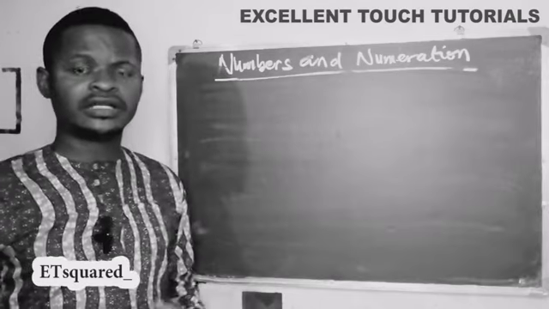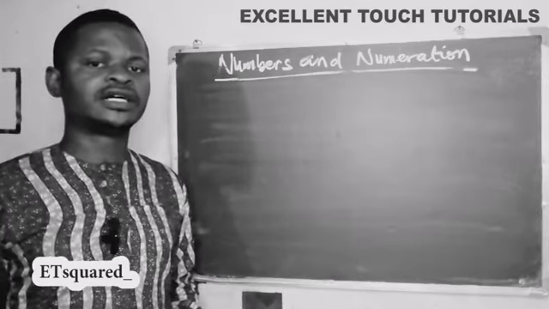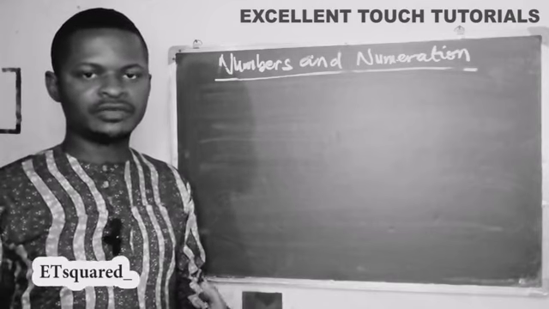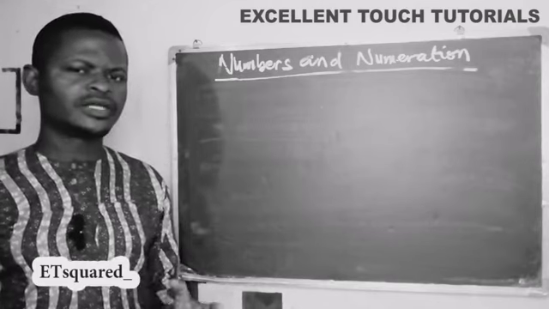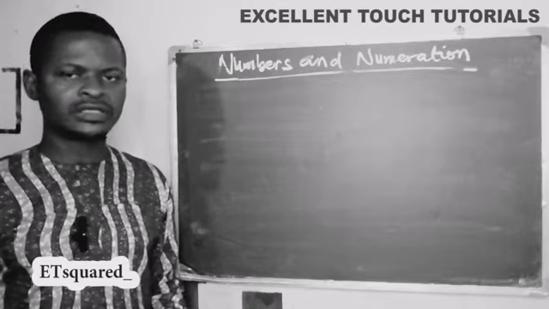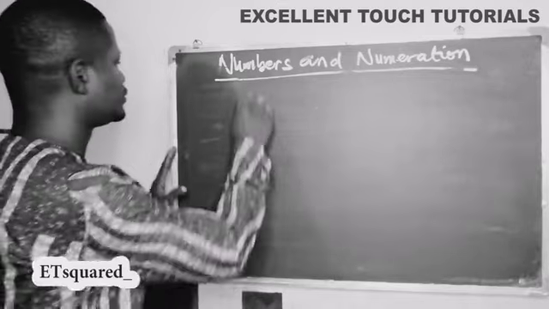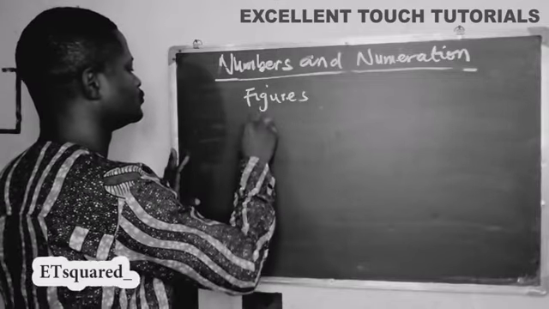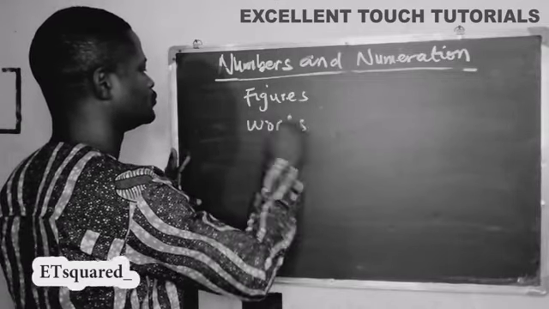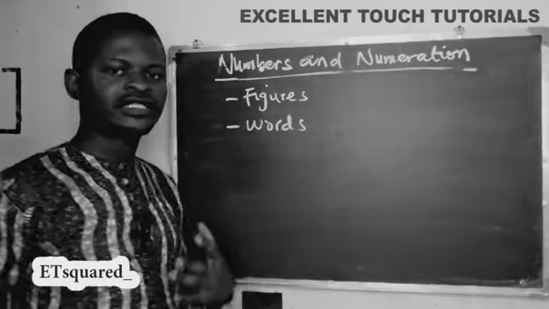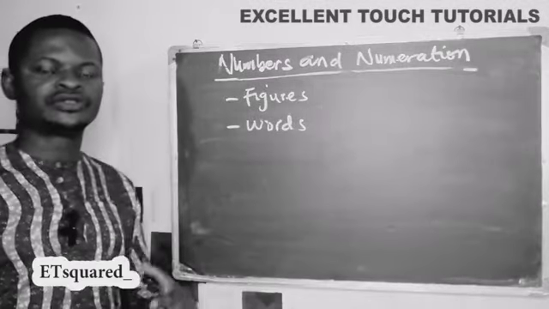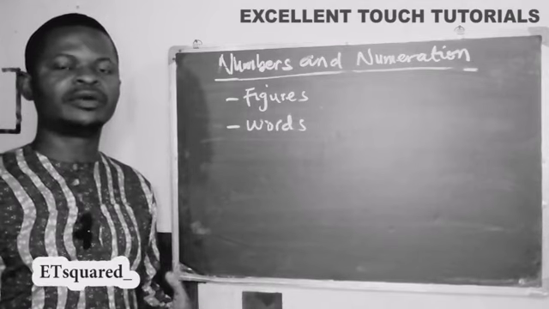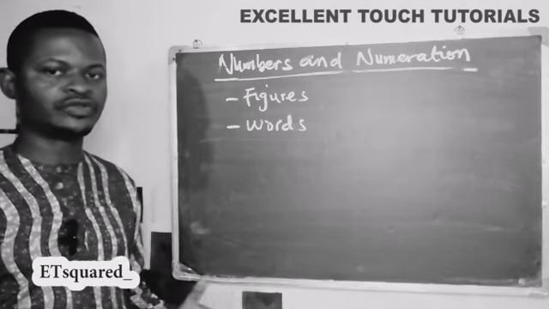Now, essentially, I think I'd like you to take note of the fact that there are two ways numbers can actually be written. Numbers can be written in figures and numbers can be written in words. Now, writing numbers in figures is how we come about the use of numerals, which are symbols.